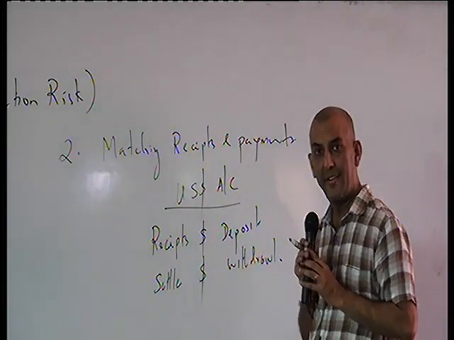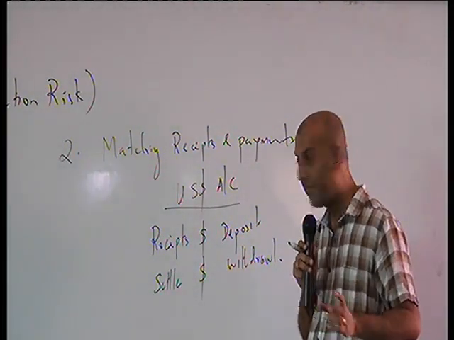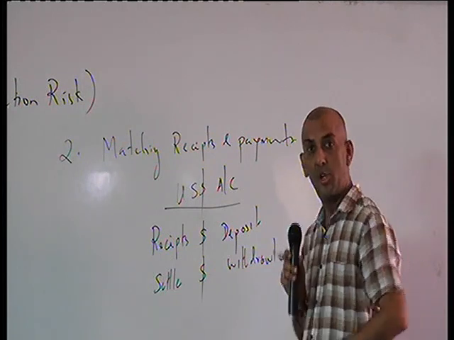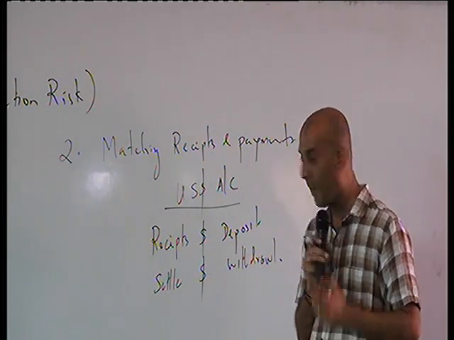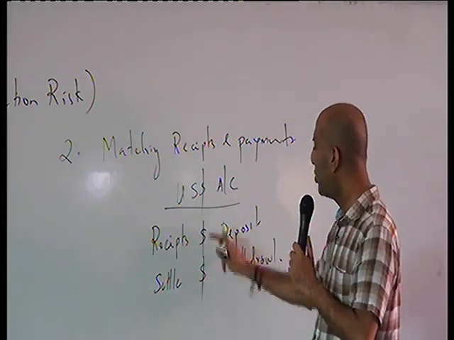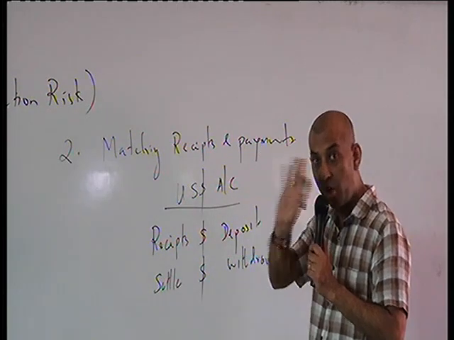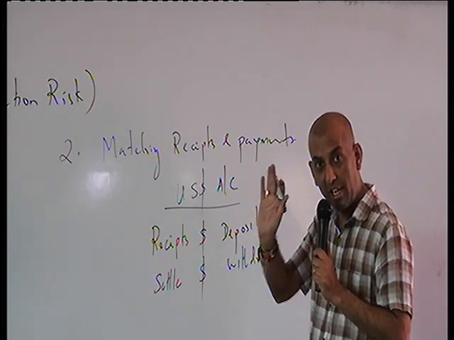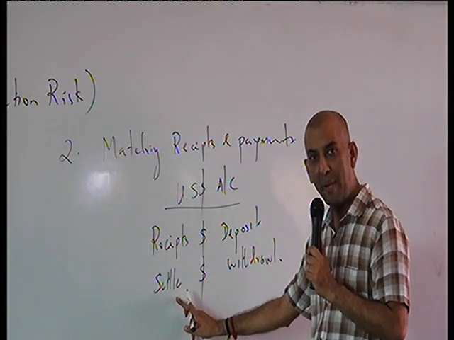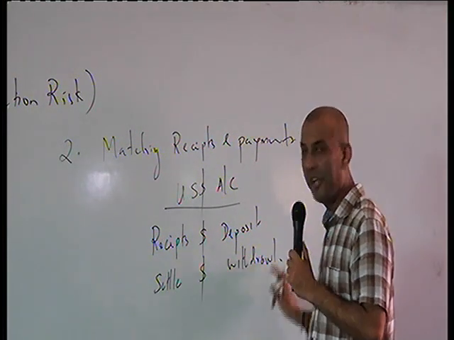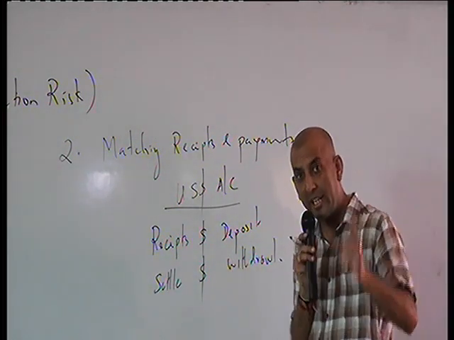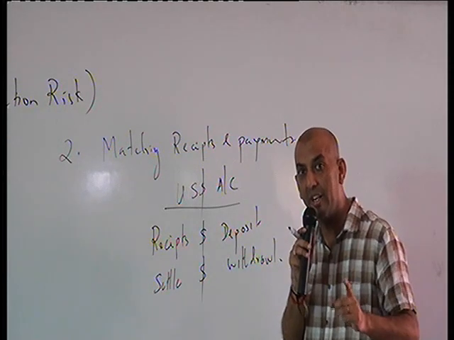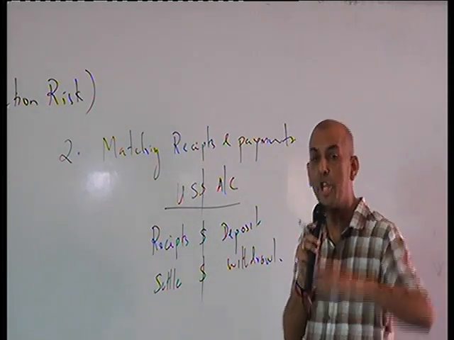So what you are doing? You create a dollar bank account. You receive your export proceeds in dollars, put them into the dollar account. You don't convert to rupees. And you settle the supplier in dollars by withdrawing. In both cases, you don't convert foreign currency into rupees.